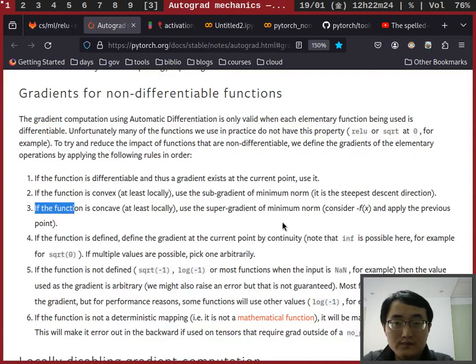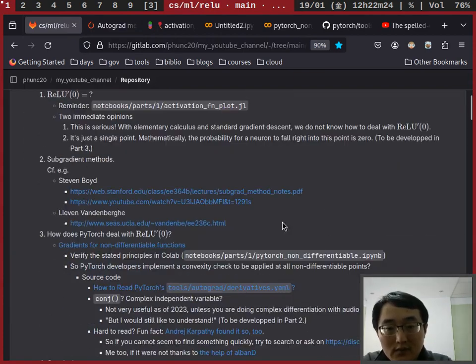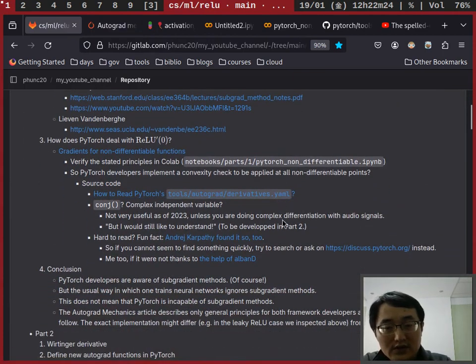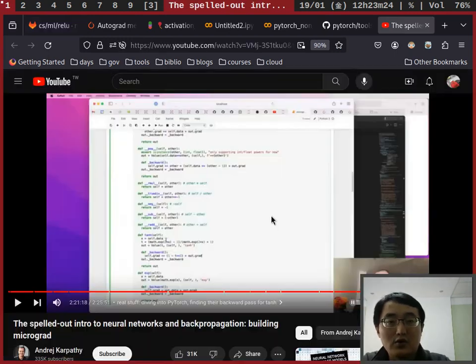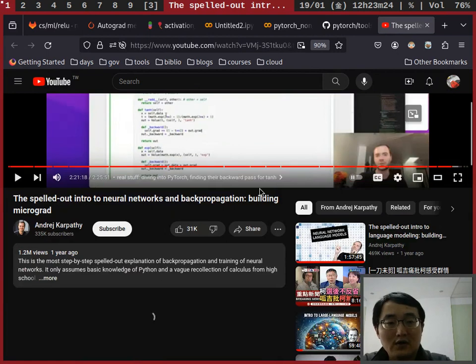So actually, it is not very easy to find your answer in the source code, and there's a fun fact. Even Andrej Karpathy found it so too. I mean, even Andrej Karpathy felt it difficult to locate the exact source code. How do I know?